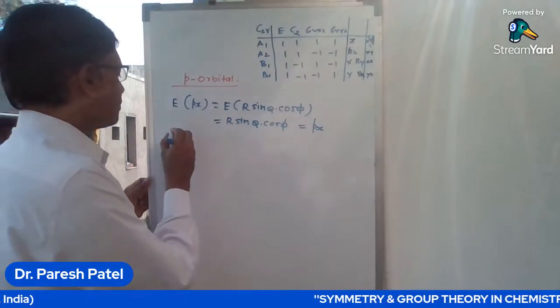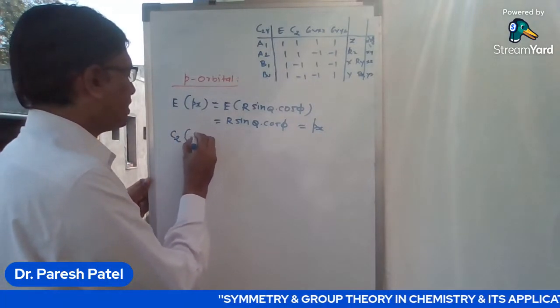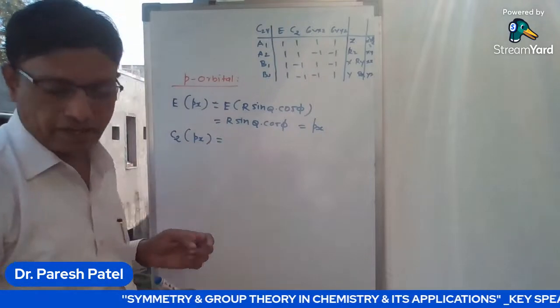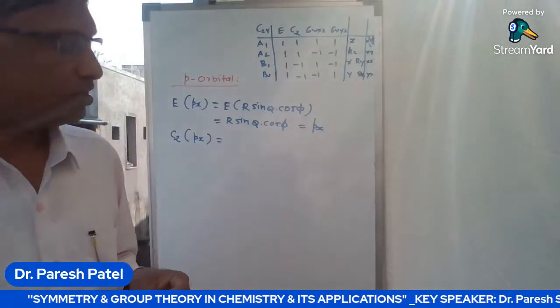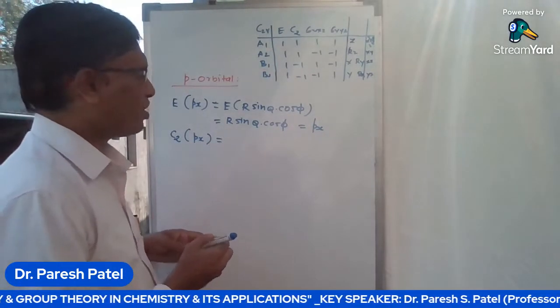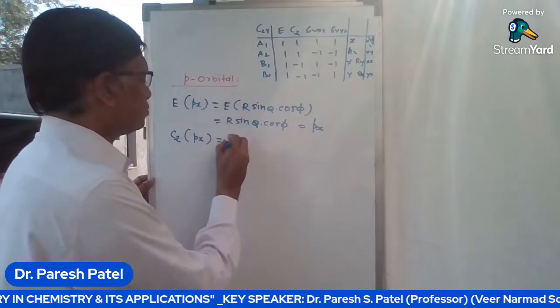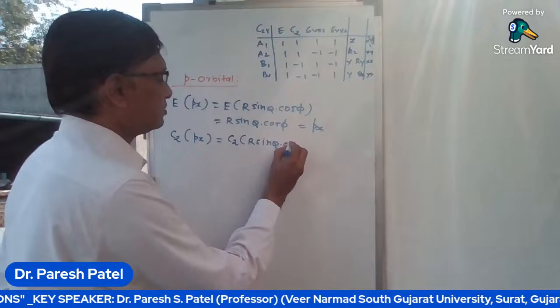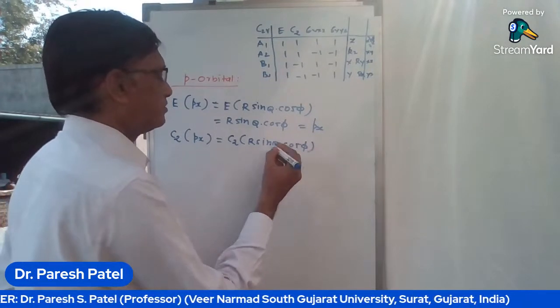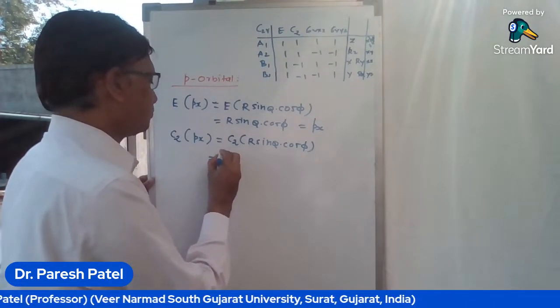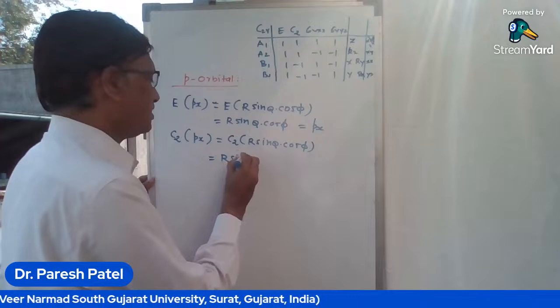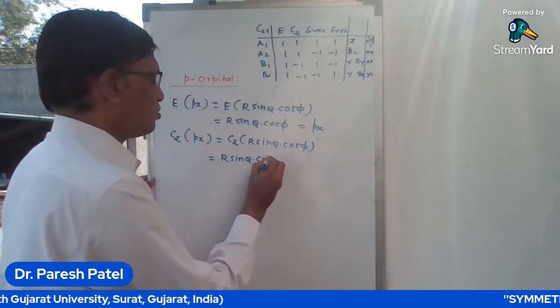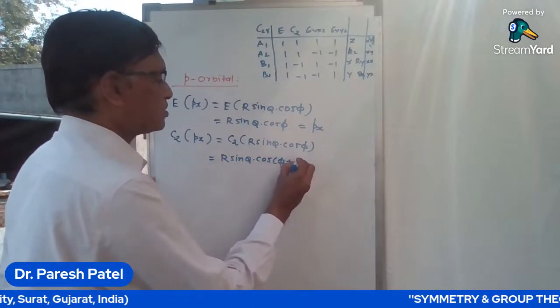If we operate the C2 symmetry operation on px, then what will happen? Theta remains unchanged. Phi changes to phi plus pi. So C2 of r sin theta cos phi is equal to r sin theta cos of phi plus pi.